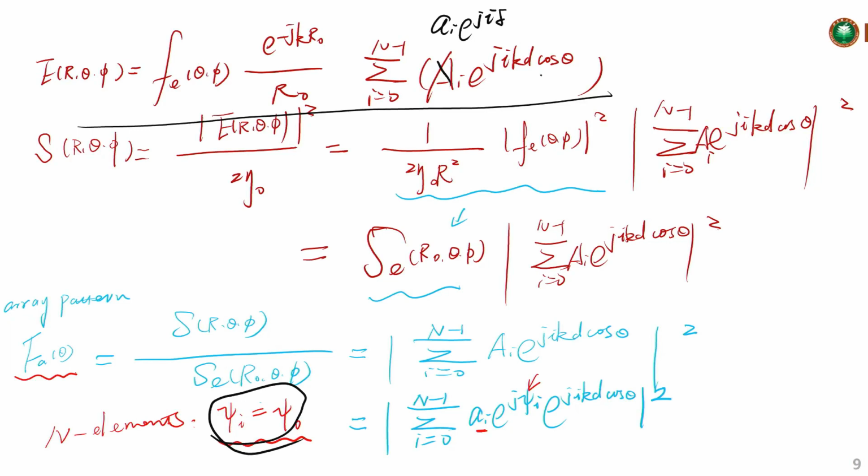This expression can be further expressed as a_i times e to the j i (k d cosine theta minus delta). So the term inside the bracket, like this one.